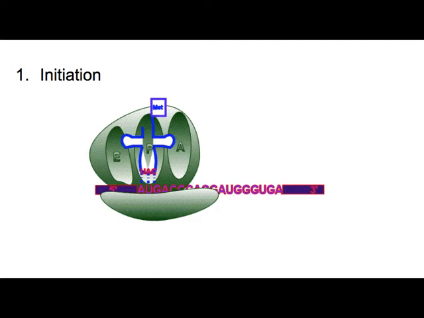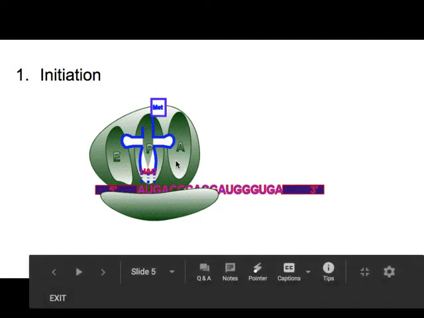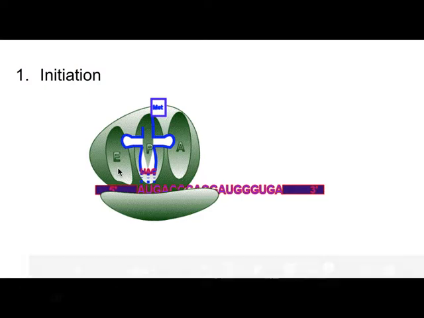So it moves through these three sections, from A to P to E. All of your incoming tRNAs go to the A, then the P, then the E. Except the first tRNA. Where does the first tRNA go? P. The P right away. The succeeding tRNAs will all go into the A, then the P, then exit at the E site.